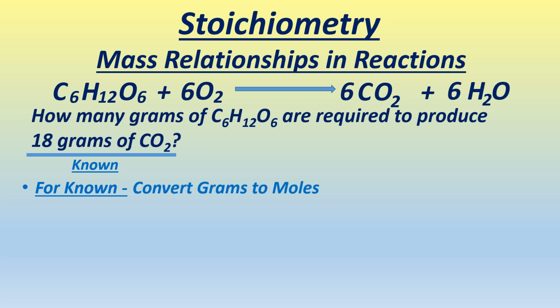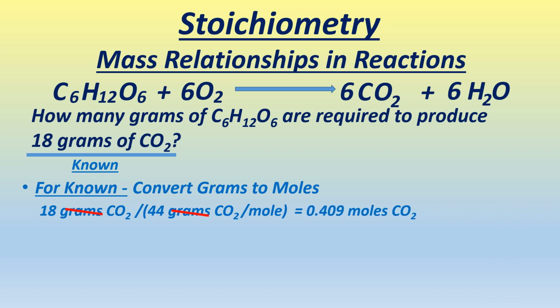Anytime one sees something in grams, one immediately converts it to moles. So in this case, I have my 18 grams of CO2. One carbon weighs 12, each oxygen weighs 16, so 2 times 16 plus 12 means CO2 weighs 44 grams per mole. By dividing, grams are going to cancel out, and I'm left with 0.409 moles of CO2 as a starter.